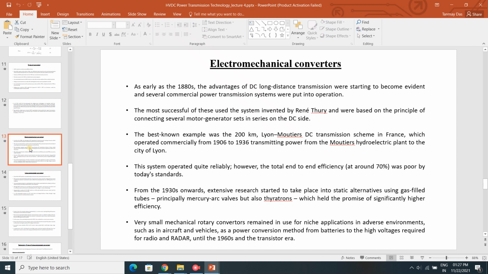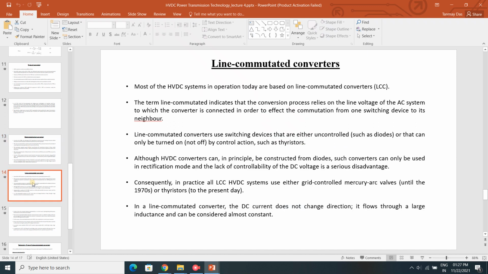Depending upon the firing angle of the thyristors or the power electronic devices used, the operation of rectification can be changed to inversion. That means the rectifier can be used as an inverter also.